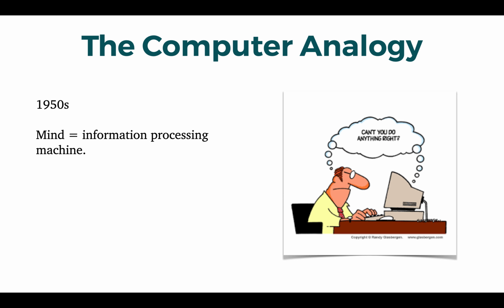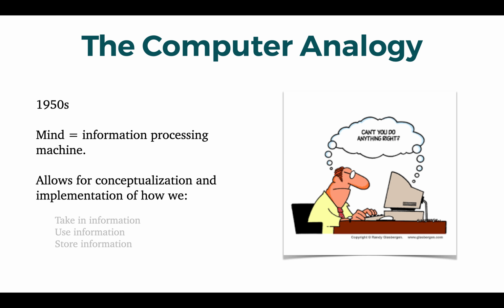And using this analogy of computer to mind allowed for a conceptualization as well as implementation option of how we take in information, how we use information, how we store information, how we retrieve information, right? So it really gave us this avenue for modeling neural activity.